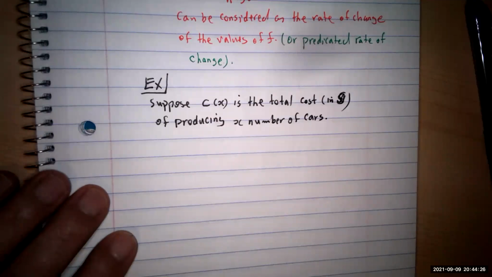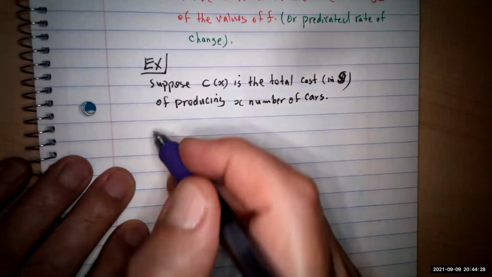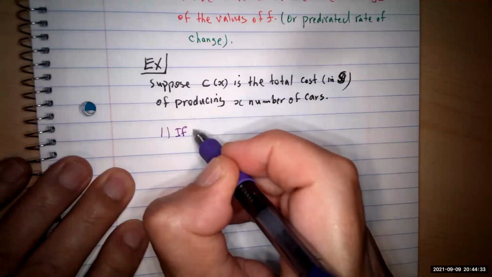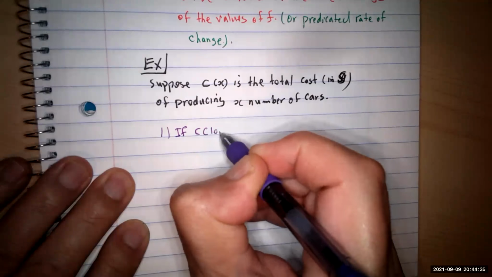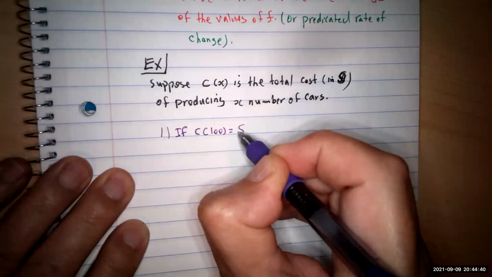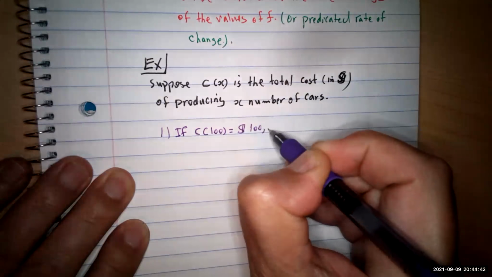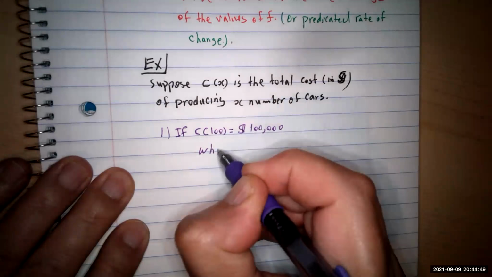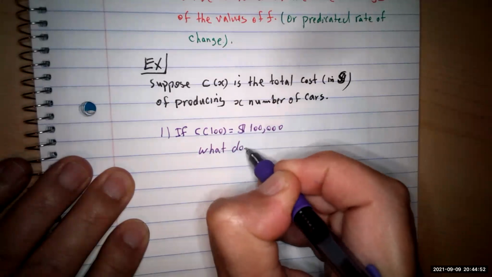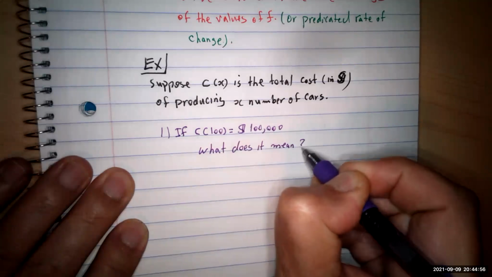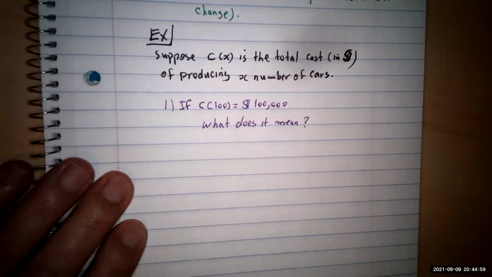We would like you to answer these two questions. The first part: if C of 100 is equal to $100,000, we would like you to tell us what does it mean? Let me write both of them, then you answer.